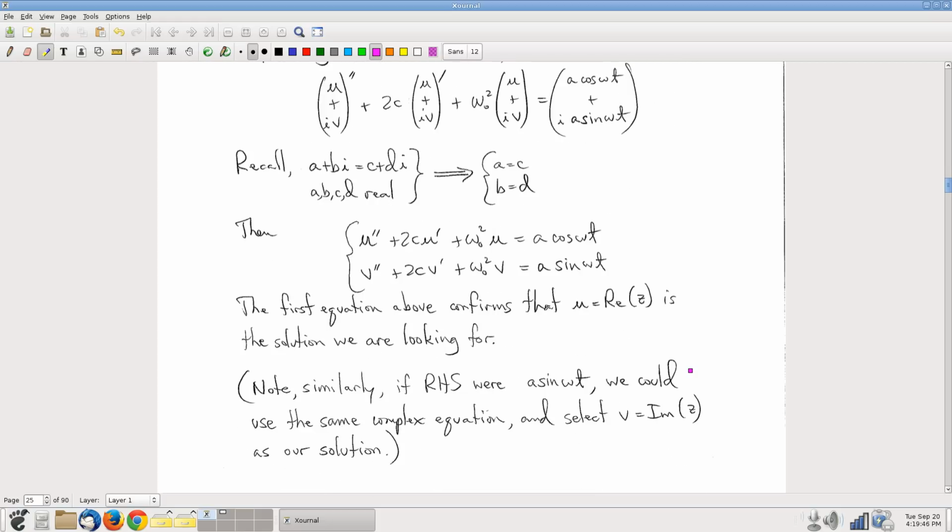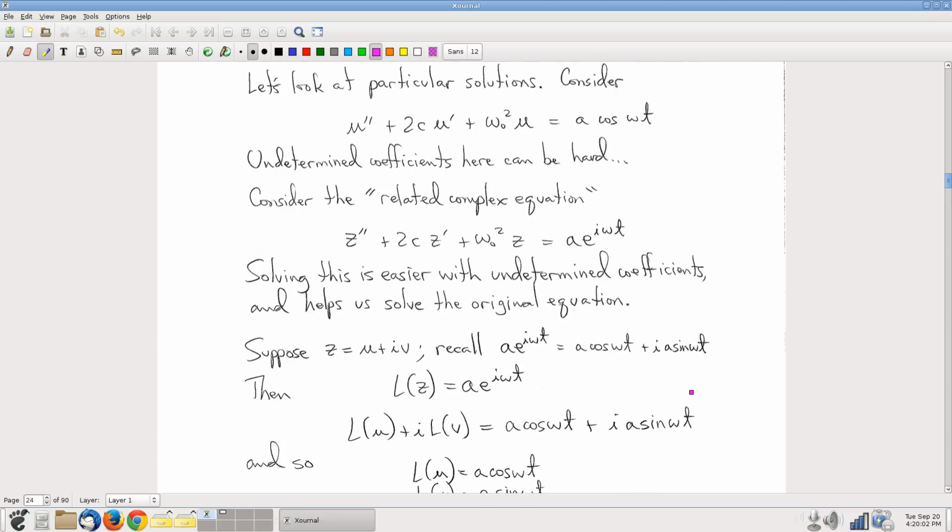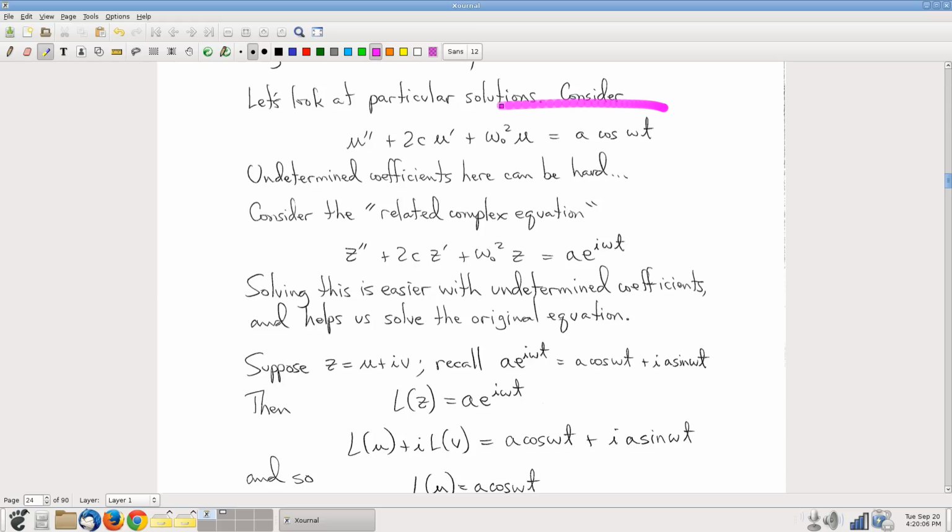All right, side note, if what you were interested in was a right-hand side that was a sine omega t, you'd use the same related complex equation, and note that it's the imaginary portion that you're interested in. All right, this is a really wonderful trick, and I encourage students to be on the lookout for opportunities to take advantage of this.